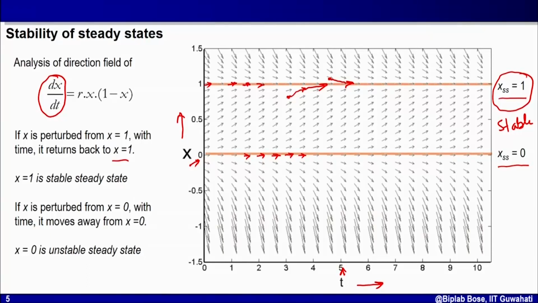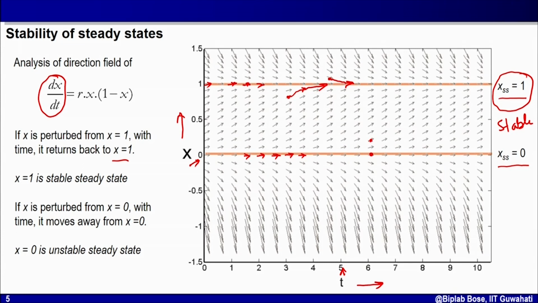Now let us look into the steady state x equal to 0. Suppose right now x is here at time 6 at x equal to 0. I change the value of x slightly higher here.